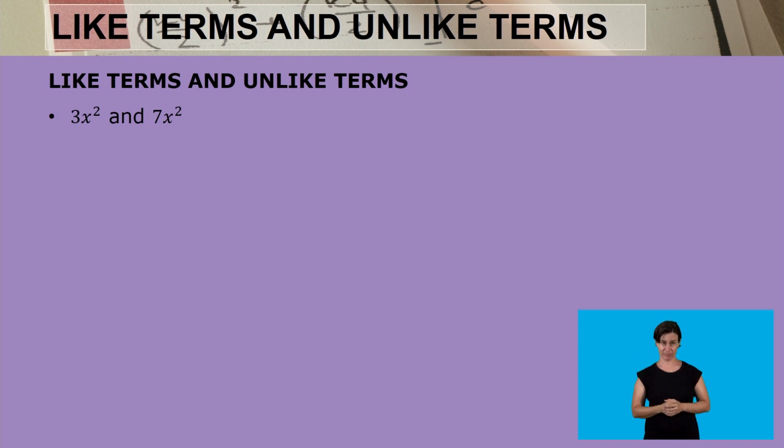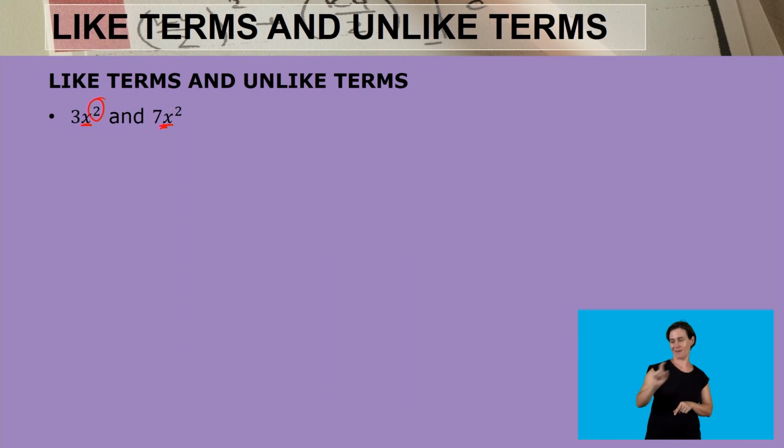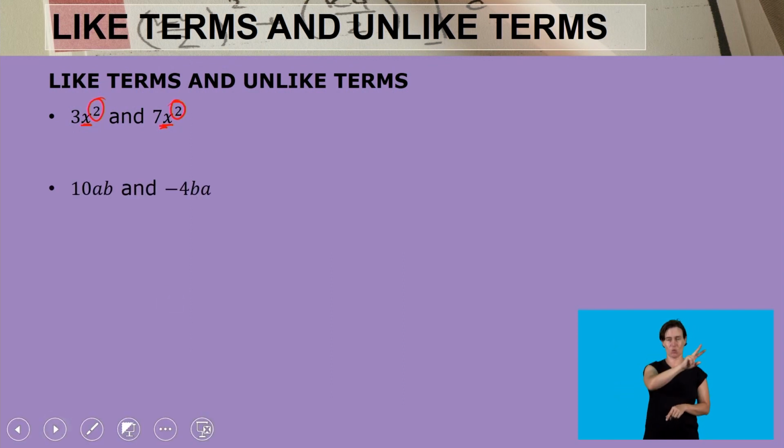Now, do they have the same variable as a base? Yes, they do, because the variable here is an x and the variable here in the second term is an x as well. Now, do those variables have the same exponent? Yes, they do. It is an exponent 2 and an exponent 2.